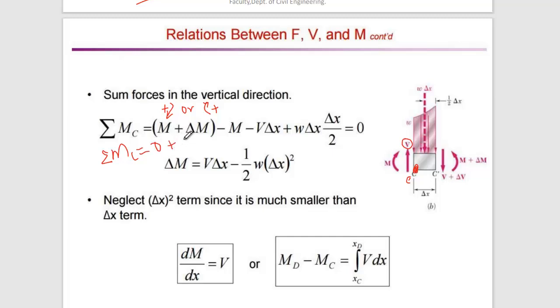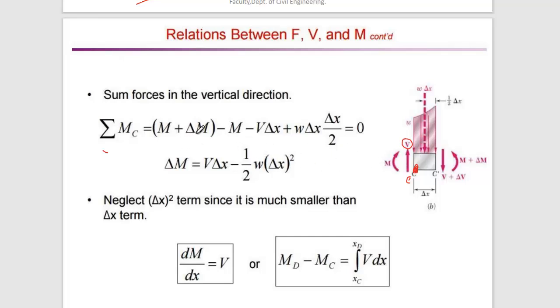So they consider anti-clockwise as plus. You can consider clockwise as plus, and then anti-clockwise will be minus. Here, if you consider all the clockwise as plus, that means anti-clockwise will be minus.